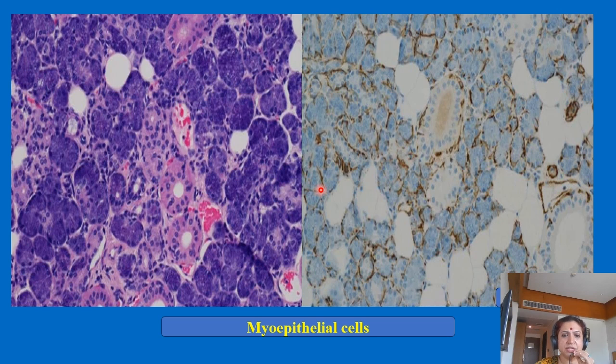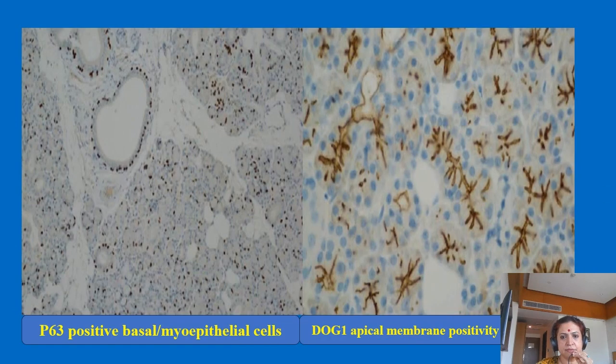Now going to the normal histology, this is the SMA IHC, and you can see that the abluminal cells are highlighted by the SMA. This is the P63, the nuclear P63 positivity in the basal and myoepithelial cells, and this is the DOG1 positivity I just mentioned, the apical membrane positivity.